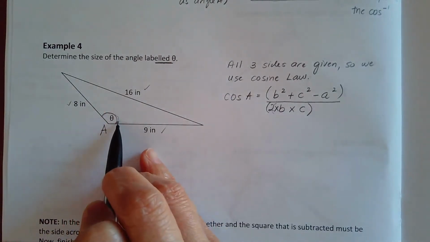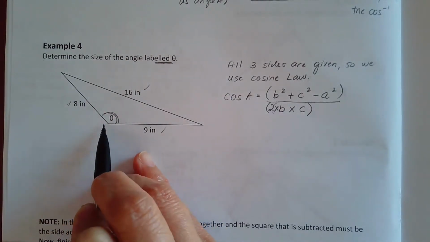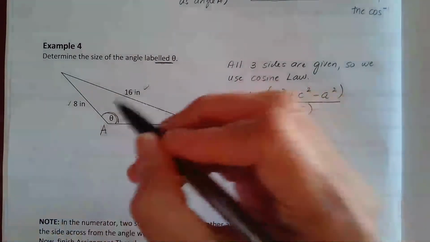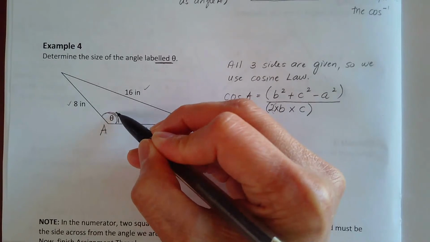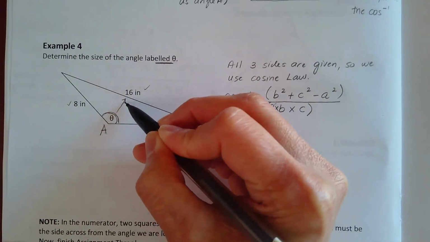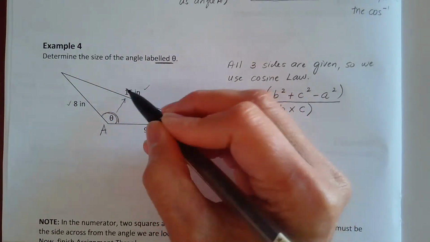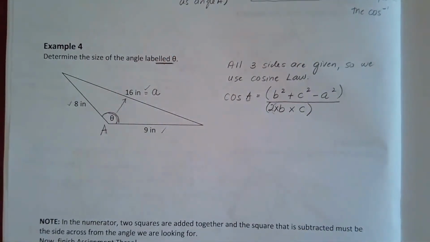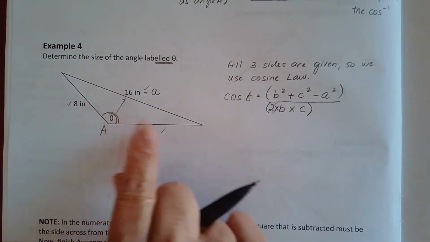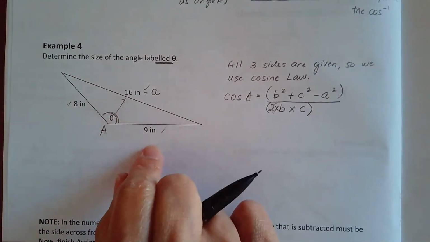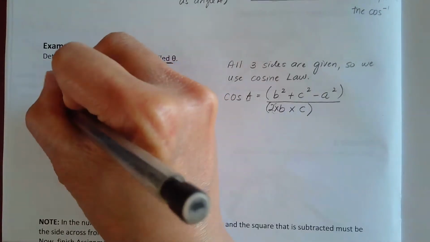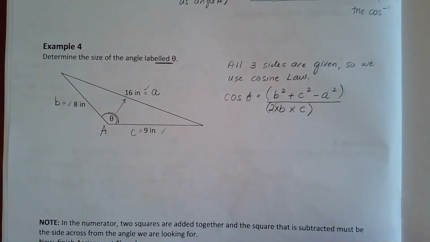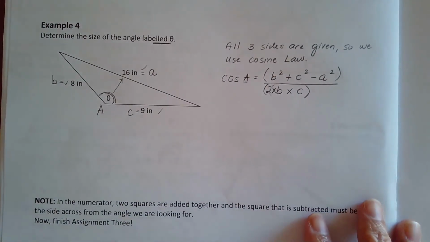So if this is the theta, we're going to call this angle A. So if this is angle A, that automatically makes the opposite side, which is 16, to be side A. And then these two could be just the B and the C. So we can just say B and then C. So it's pretty straightforward.